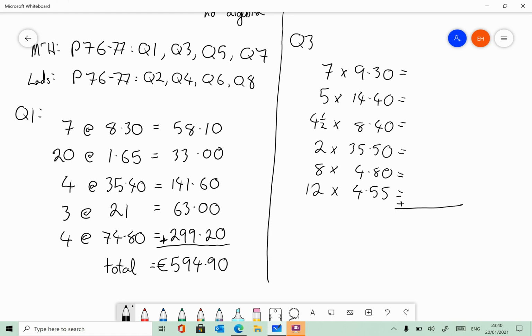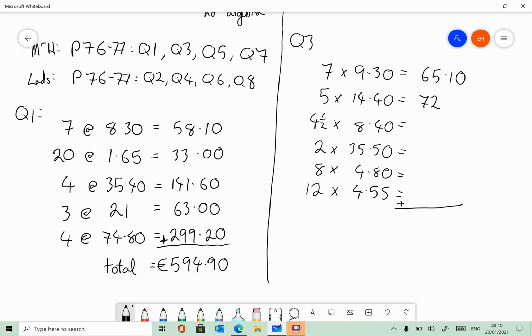and we're going to again get our total. So it's 7 multiplied by 9.3, which is 65.10. 5 multiplied by 14.40, which is 72. Now, 4.5.